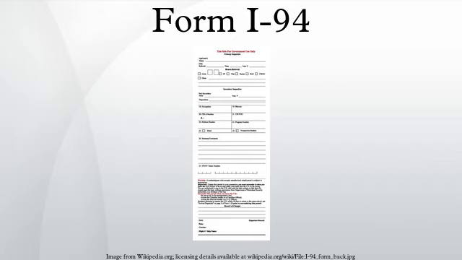See also, Electronic System for Travel Authorization. References.